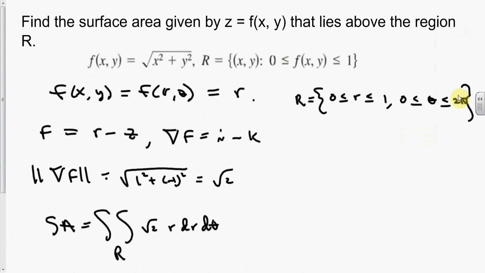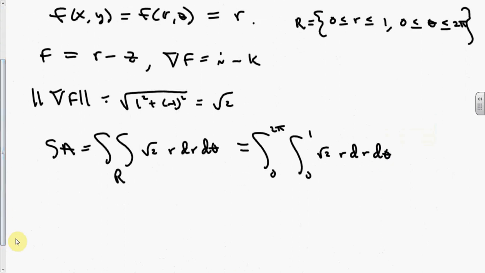Yep. Okay, I'll let you finish that one. But that's the setup for it. Should get like, I think, pi times the square root of 2 when you work that one out.